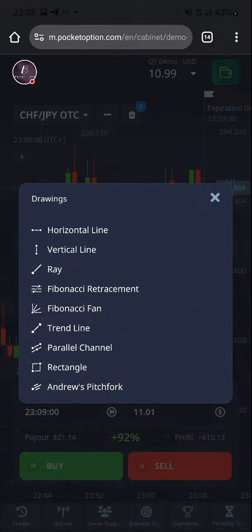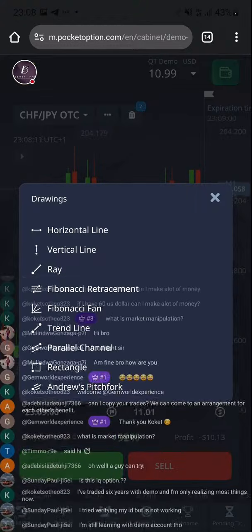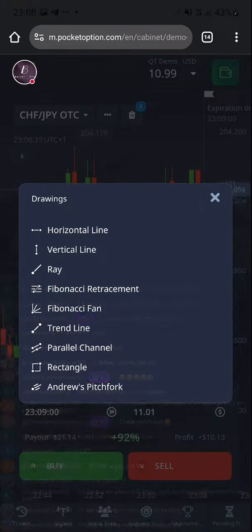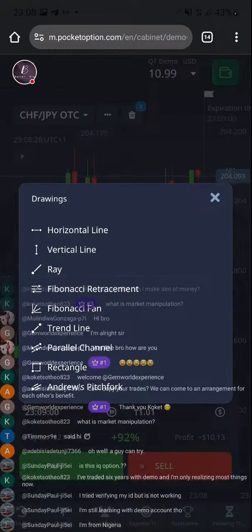Yes, I tried verifying my ID, but it's not working. If you are verifying your ID and it's not working, what country are you from? If you are from Nigeria, use your voter's card, international passport, or driver's license. A lot of people use NIN. They don't accept NIN. I have bad reps with NIN. NIN doesn't work, so don't even bother about NIN. You understand?